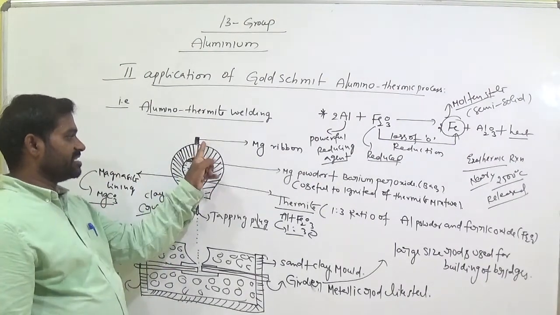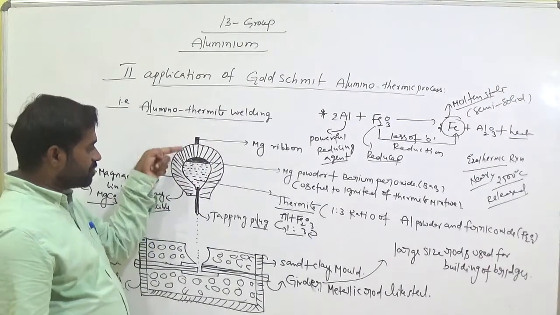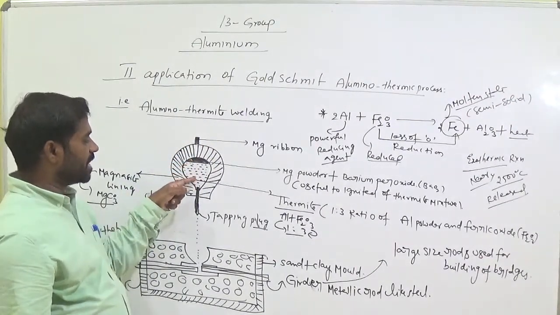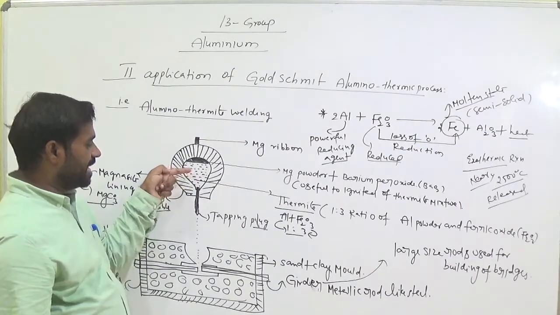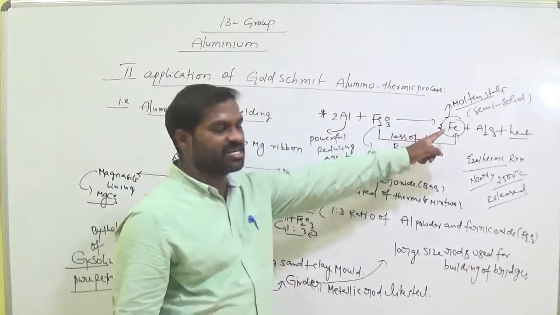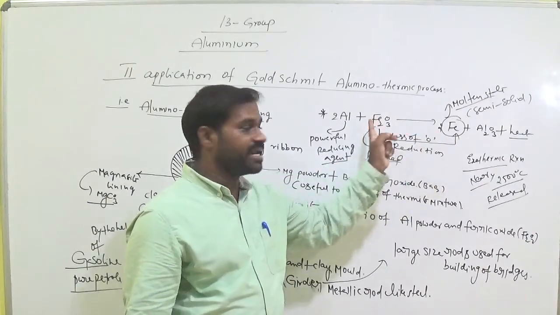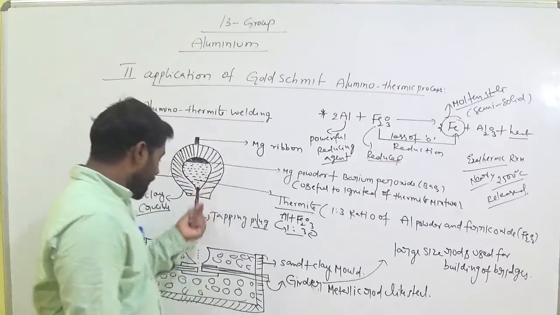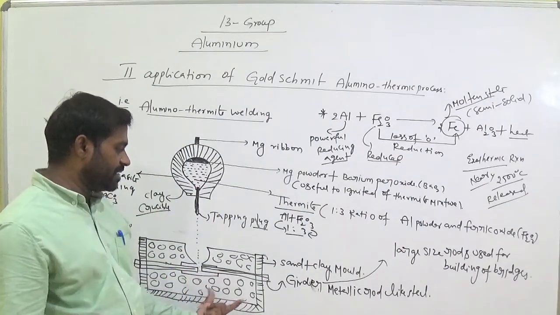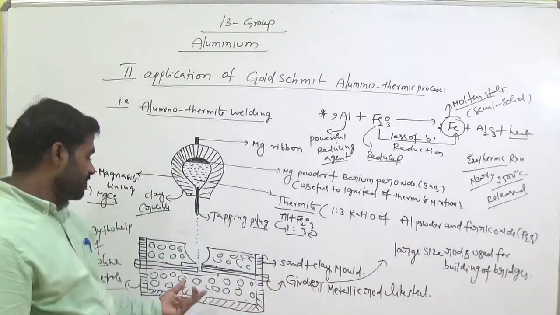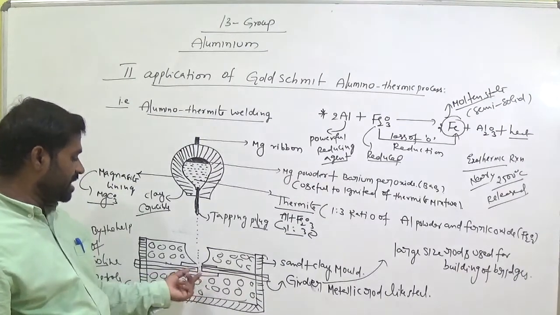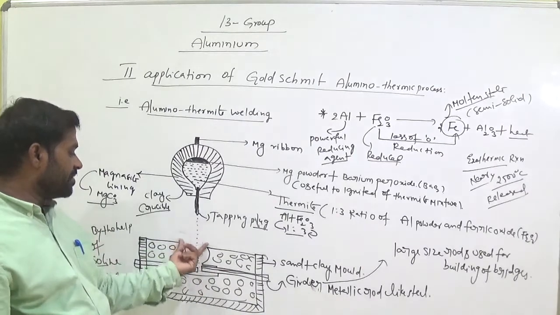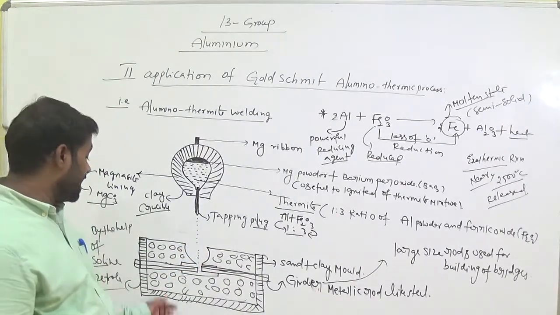When we burn the magnesium ribbon, it burns the magnesium and barium peroxide, which burns the thermite mixture. The iron oxide is reduced here and produces molten iron, which drops into the clay chamber, the sand and clay mold, and we can weld these two steel rods with this iron at high temperature.